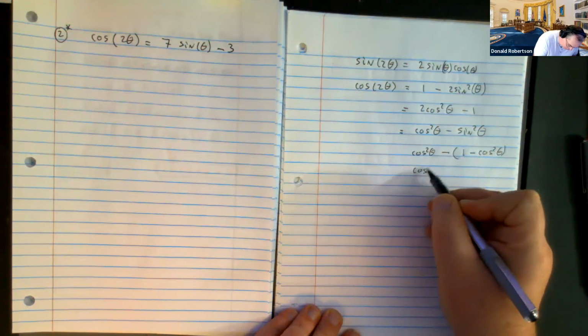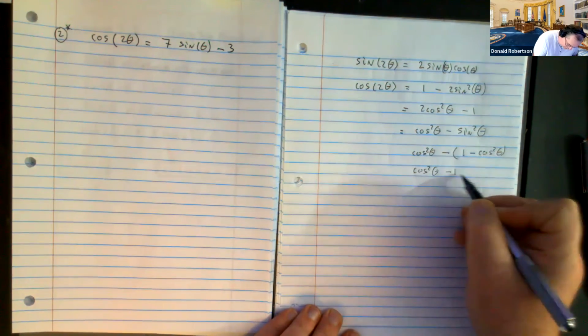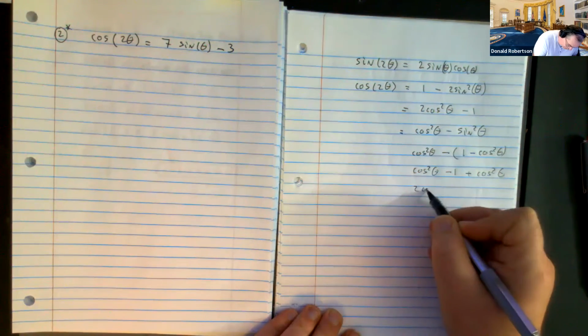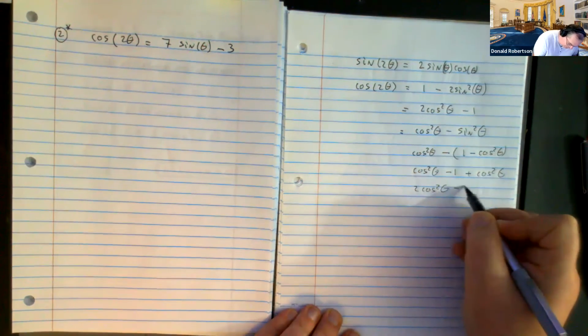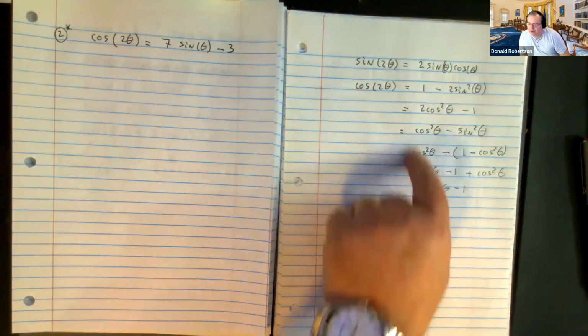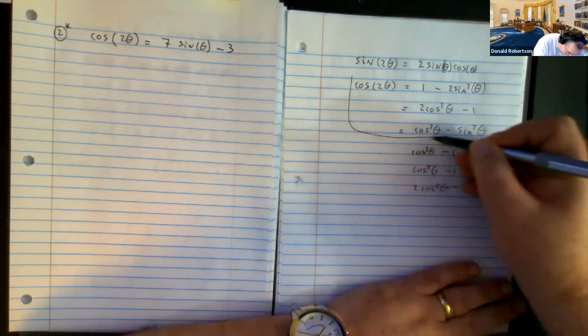So that would get you cos squared theta, take away 1, plus cos squared theta. Collecting the cos squares together, you nailed it. If you can remember just one of these, couldn't you figure out the other two by doing something similar to what I just did here? Right. So let's put a big box around these guys.